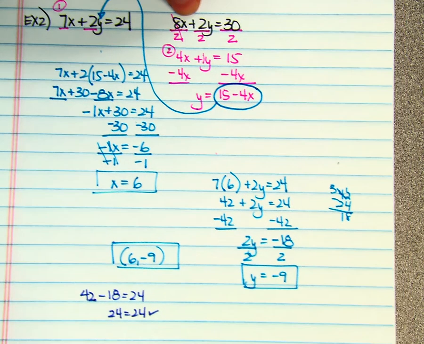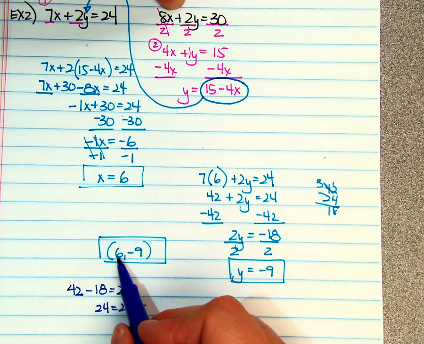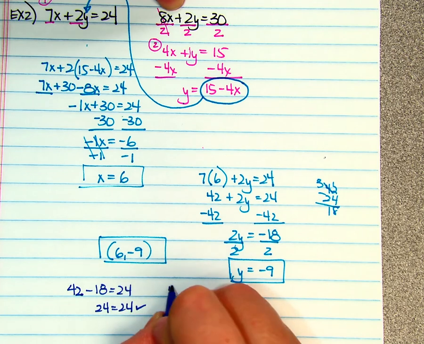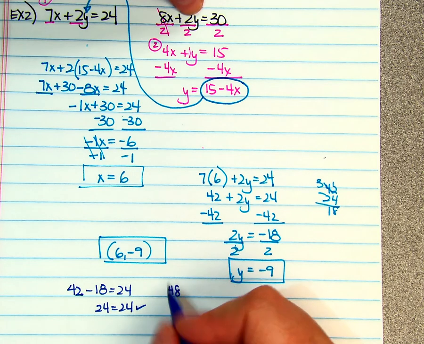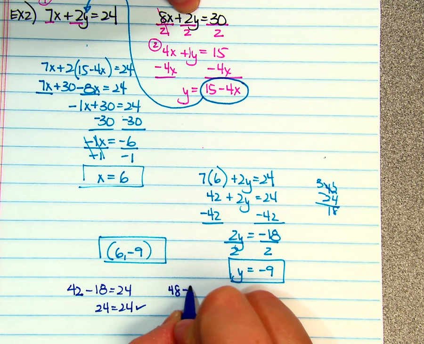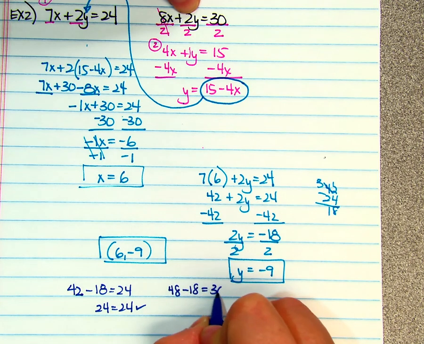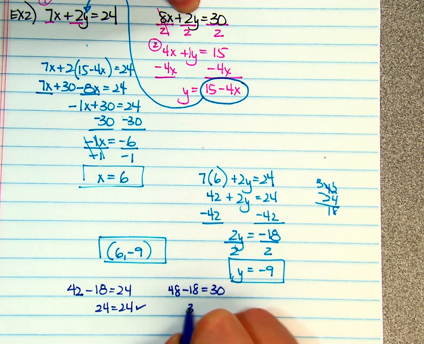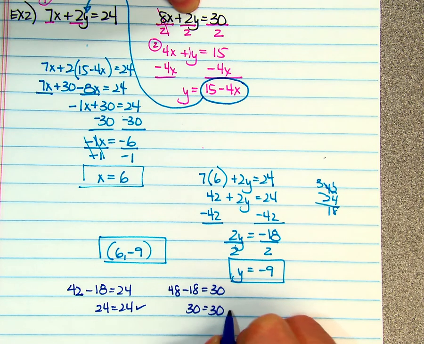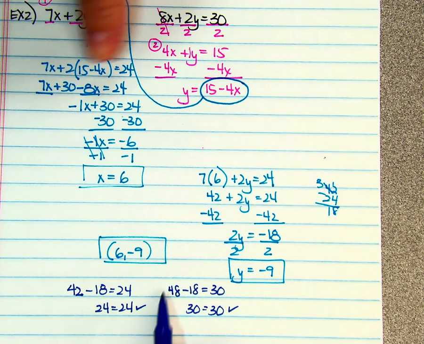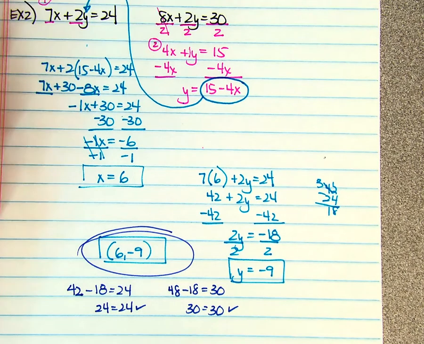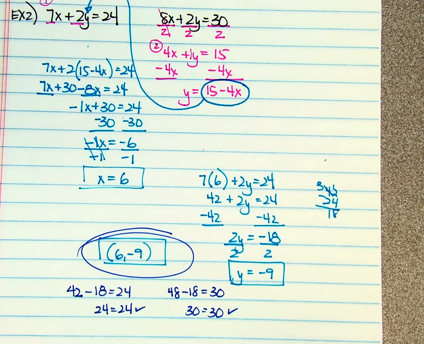I'll do the same thing to this one. 8 times my x of 6 gives me 48. 2 times my negative 9 gives me minus 18, or a negative 18. So I end up with 30 equals 30. So it checks in that one as well. So this is my solution.